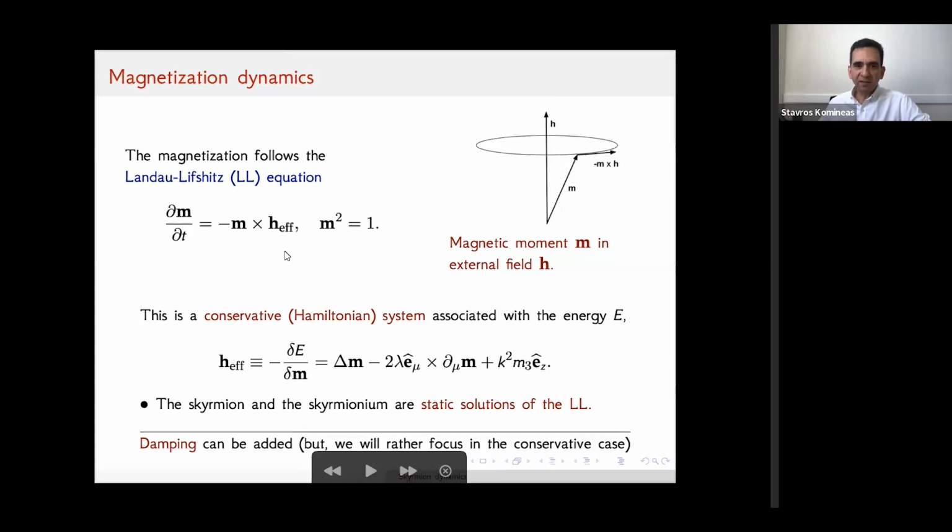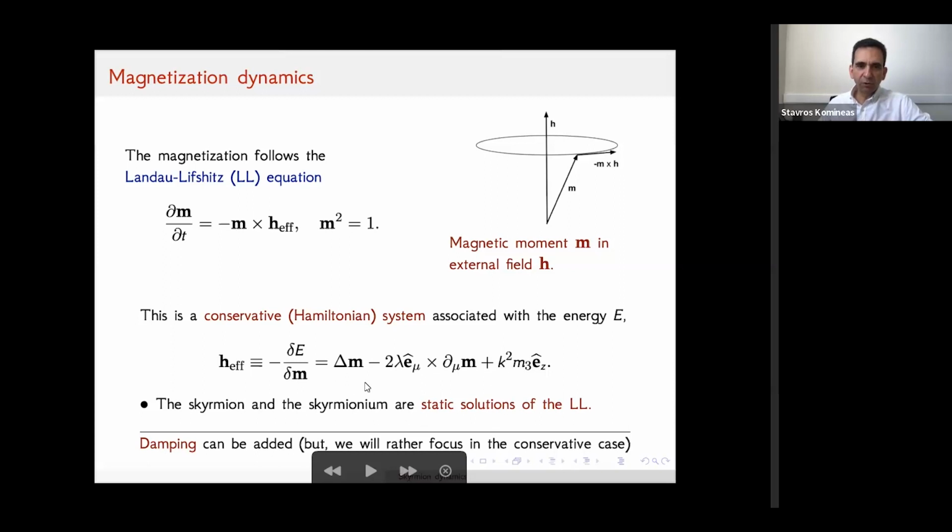The thing here is that this field H effective is not an external field, it's not a constant, but it is a field produced by the magnet itself. And that's given by the energy. So if you are a magnetic moment, then you basically depend on the magnetic moments in your neighborhood and your dynamics.